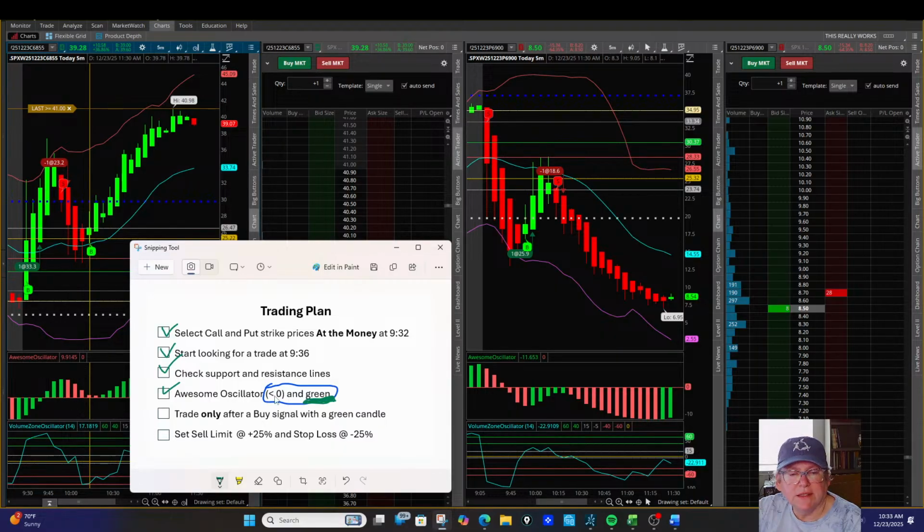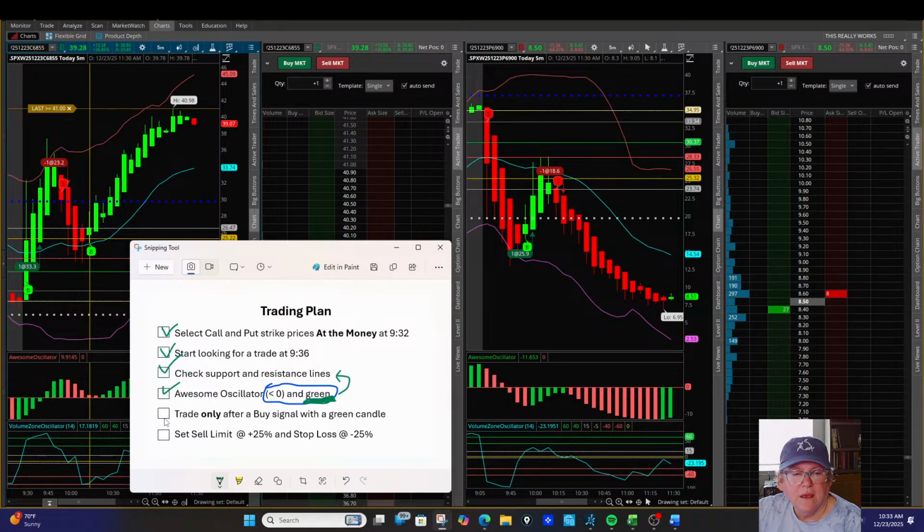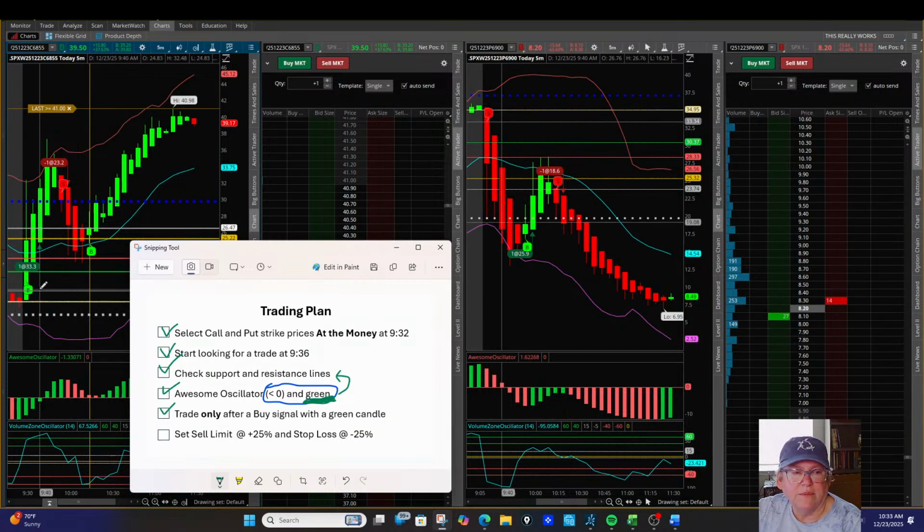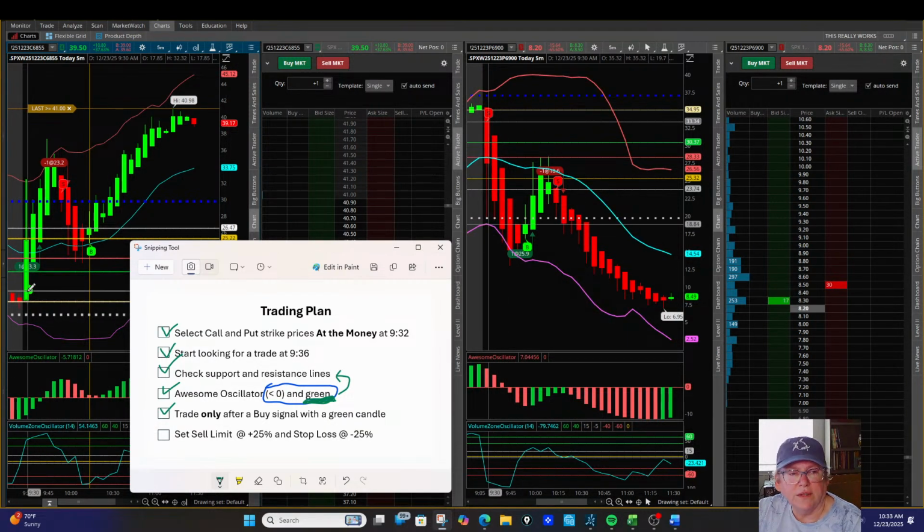And if it's less than 0 in green, you have to also check support and resistance lines before you do anything. And you trade only after a buy signal with a green candle. If I see that first of all, the first buy signal, I don't buy. I wait till after that.